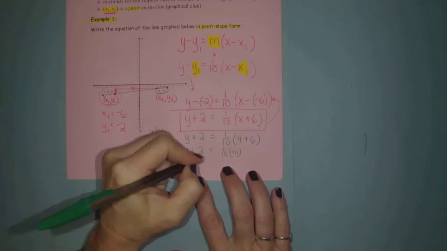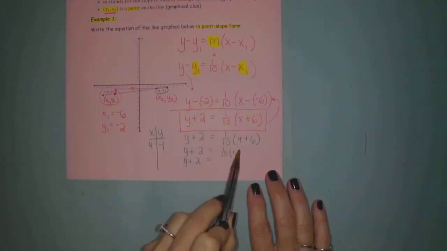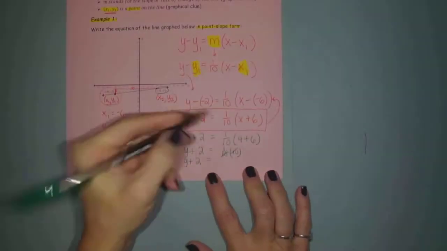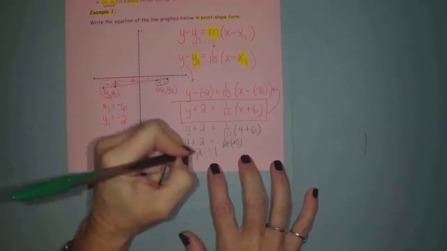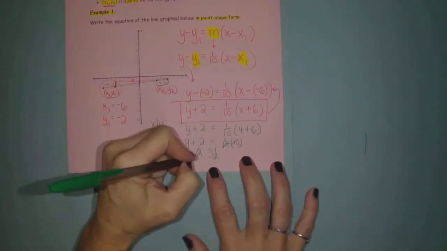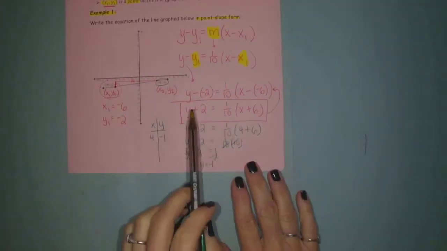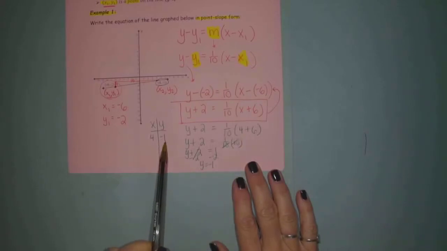Y plus 2 equals, well, 1/10 of 10, you can either put that in your calculator or just cross these 10s out and you're left with the number 1. And to solve for y, you subtract 2 from both sides and you get y equals -1. And see, boom, there it is. So when x was 4, the effect on y is that y became -1.